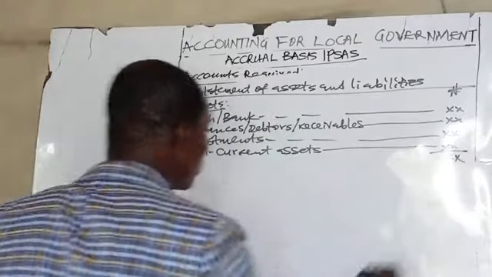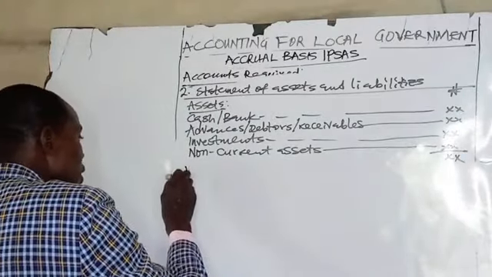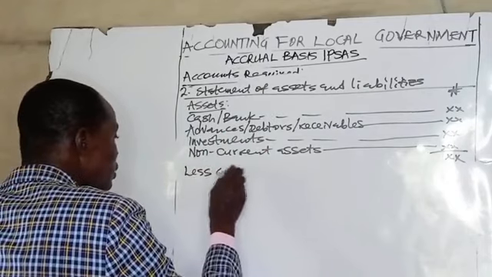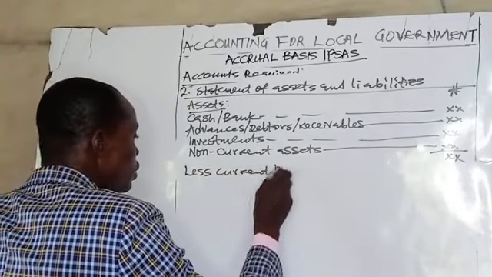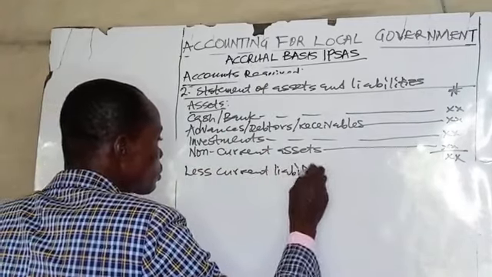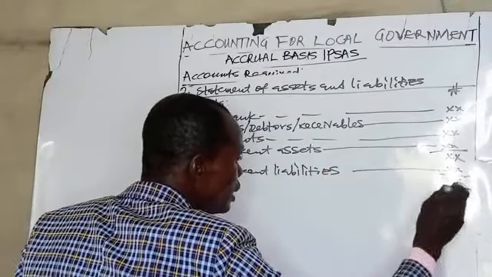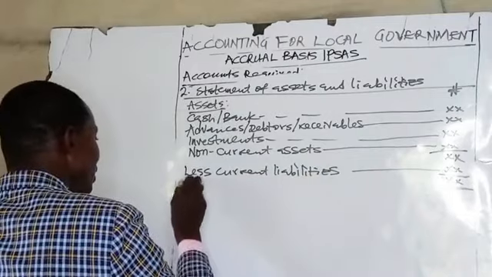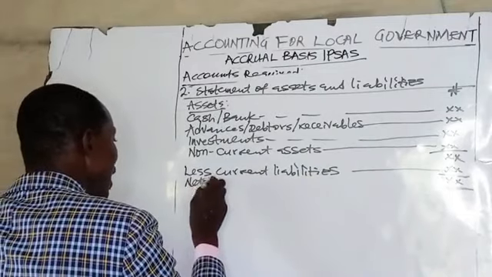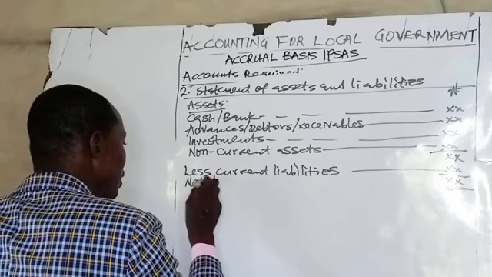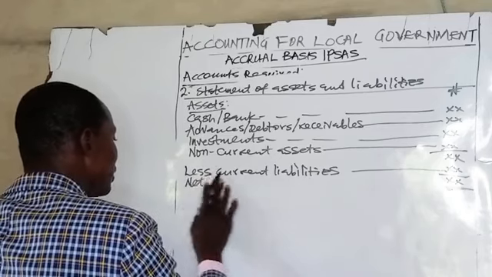From the total assets, less current liabilities, you get the net total assets or net assets.